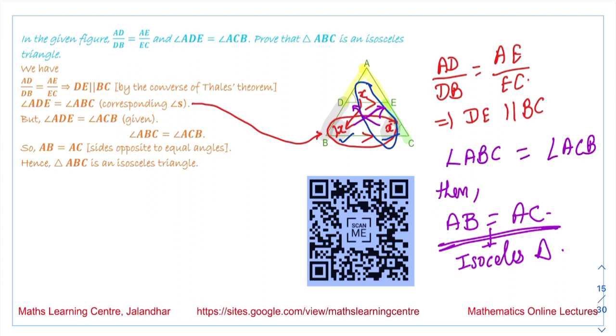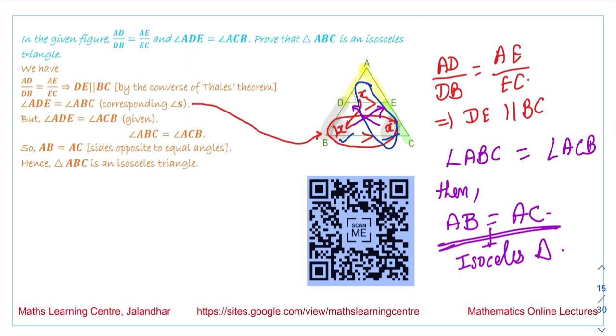Now next we are given that M and N are points on the sides AC and BC of triangle ABC, and we are given some conditions. Based upon these values we have to check whether these two lines, MN and AB, are parallel to each other or not.